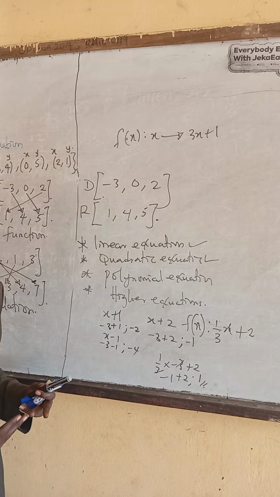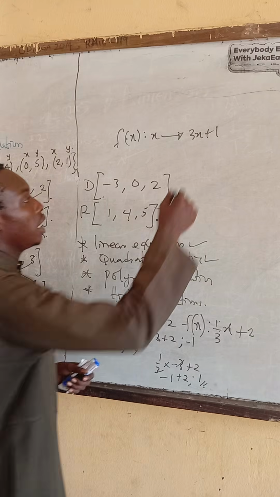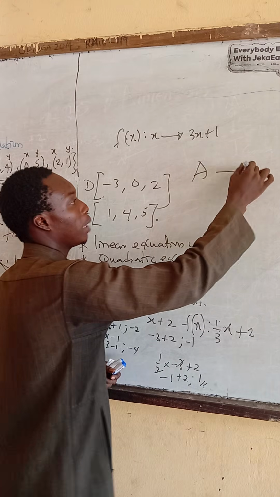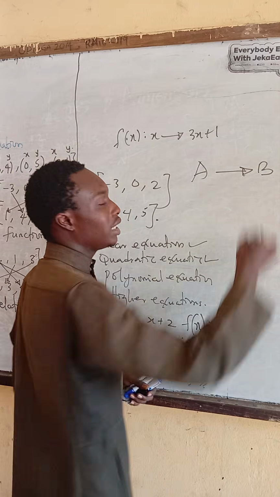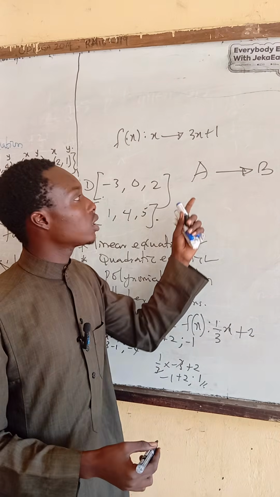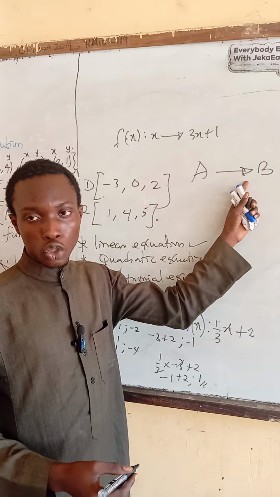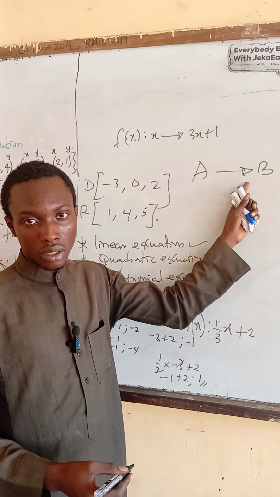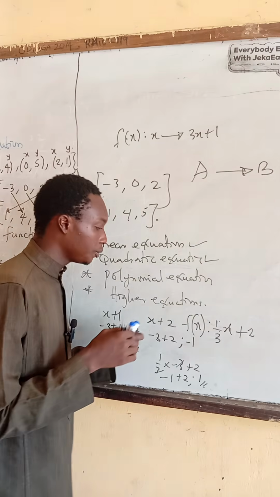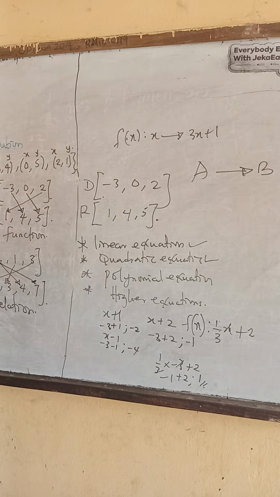You get? So if A is mapped to B, there must be a rule that guides A to B, for it to be a mapping. So that's the definition. So in short, you have known the difference between function and relation, and you have known what we mean by mapping.